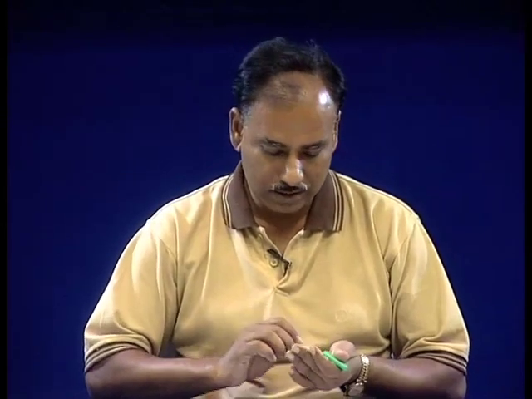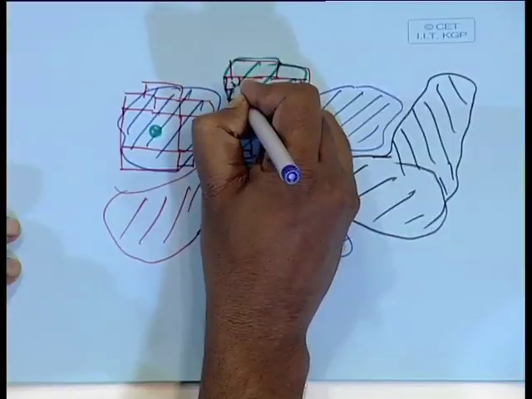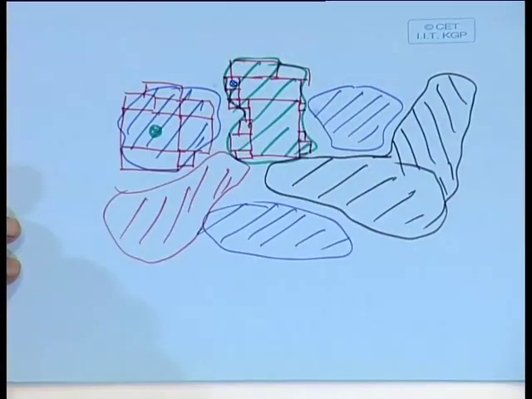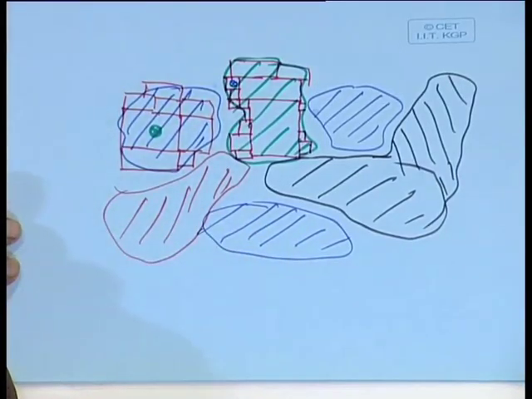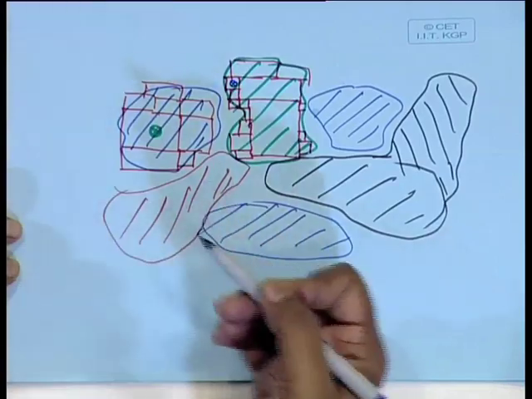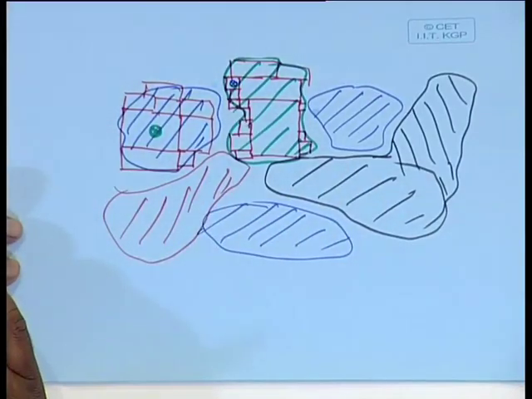Okay. Whereas, if the unknown feature vector falls somewhere over here, okay, then immediately I can say that because this unknown feature vector falls within a rectangle which is labeled as class omega 2, this unknown feature vector also belongs to class omega 2. Okay.